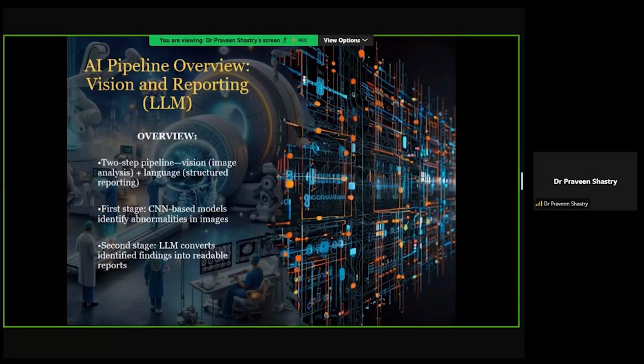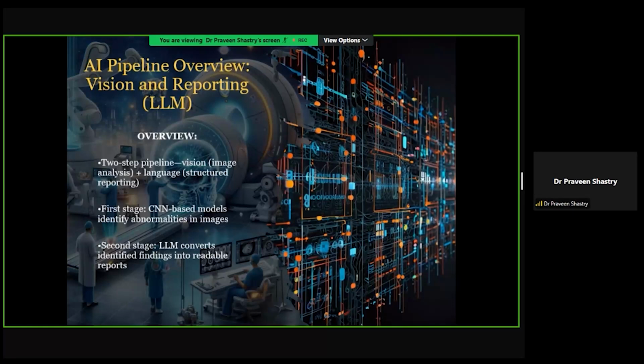It's a pipeline. We've built a very effective pipeline which has two main steps. The first stage is a convolutional neural network model which identifies the abnormality with precision. In the second stage, a large language model converts these findings into an internationally accepted nomenclature radiological report.